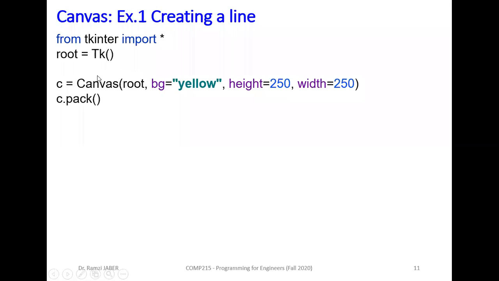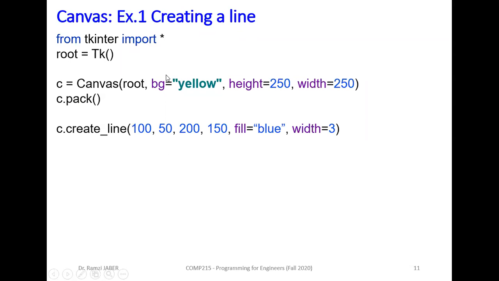So we insert this canvas inside a window. Now we want to draw any shape inside the canvas, not inside the root. So any shape will be added inside canvas. Inside canvas, not inside the root. So first example, C, the object name, C dot create underscore line, first point, x y, comma, second point, 200, 150.